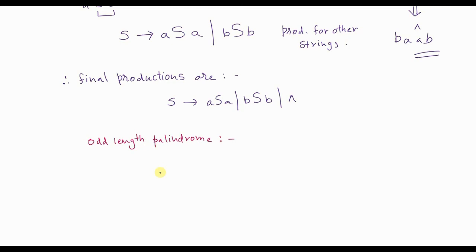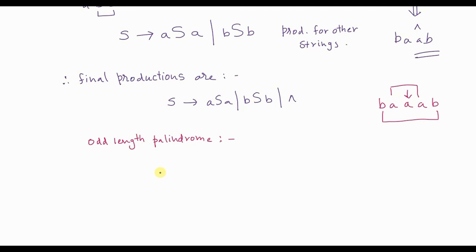For example, if I consider an odd length palindrome, say BAAB, there will be one extra middle character, and that extra character could be either a single A or a single B. The other productions work the same way: the first element should be matched to the last element, the second to the second last, the third to the third last. This mechanism is exactly the same as for even length palindromes.